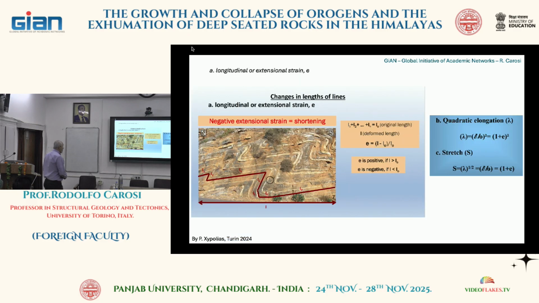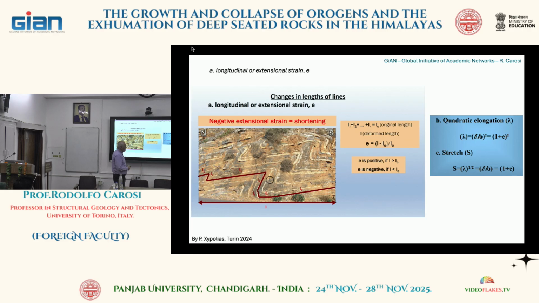This is a case of folds, also from Greece. You have folds like this, then you can measure the length of this red line, so this is the initial line, and this is the final length. The final length is less than the initial one, so your calculation gives a negative extension, contraction.